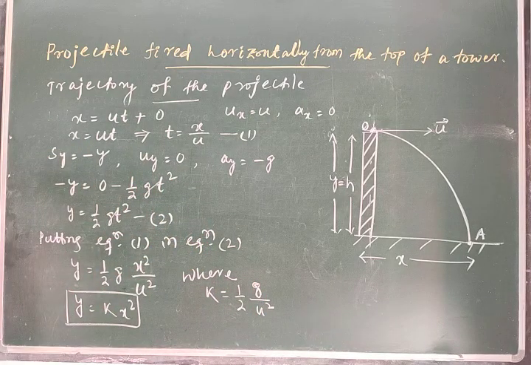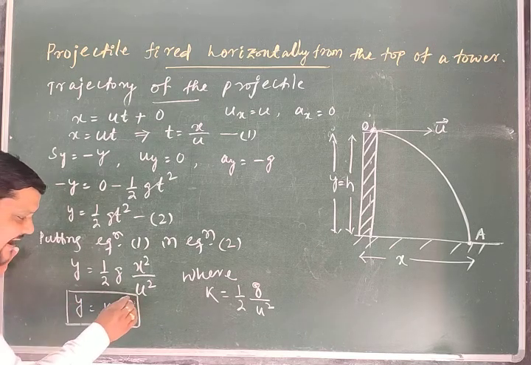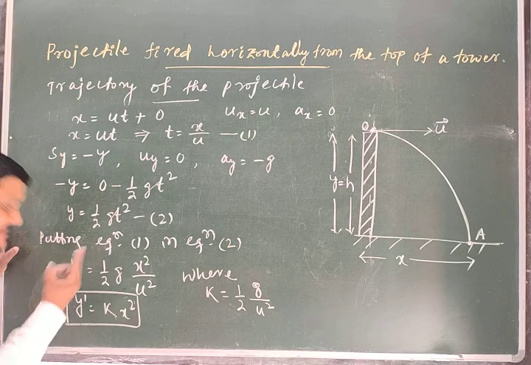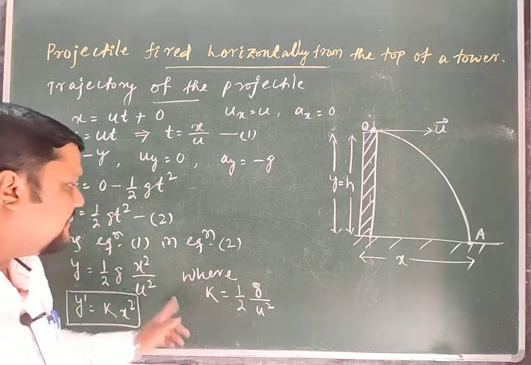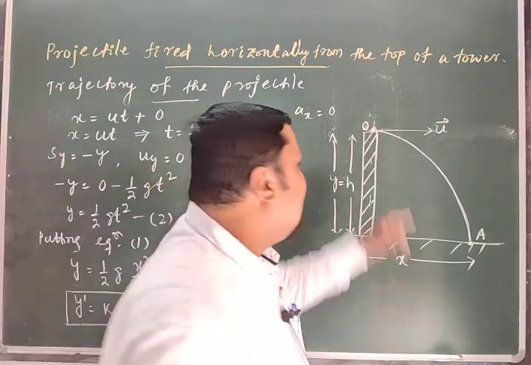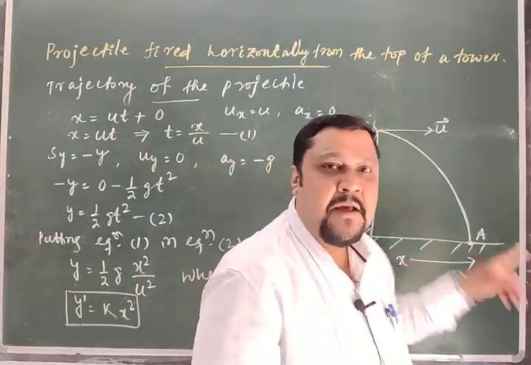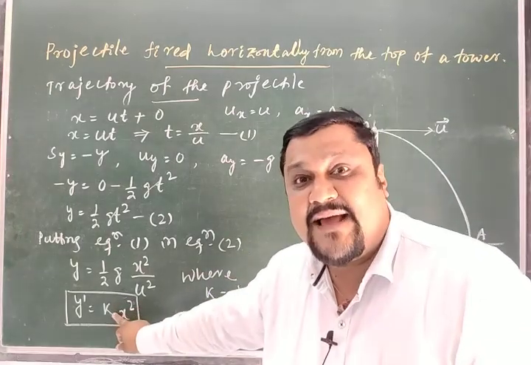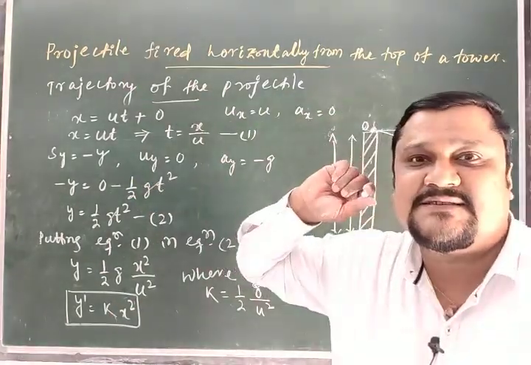This is an equation that is second order in x and first order in y, and it is the equation of a parabola. But it has no first order term in x, unlike in oblique projection.